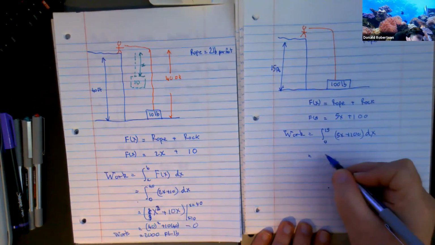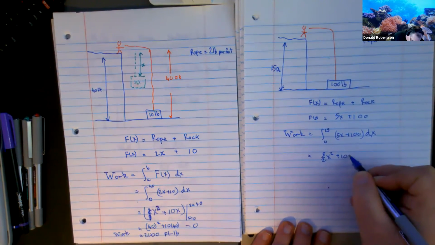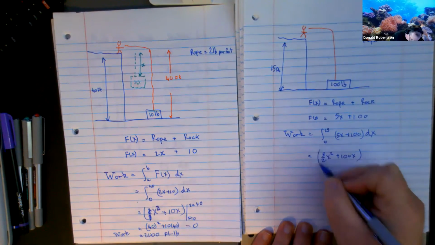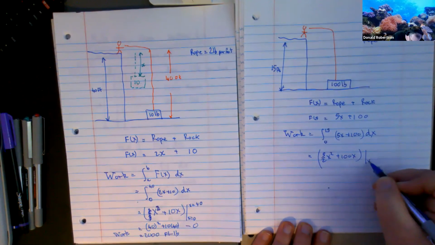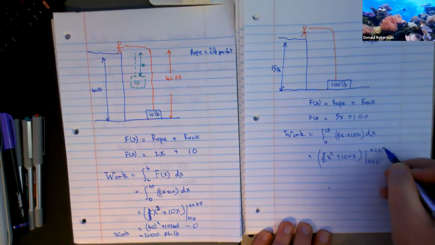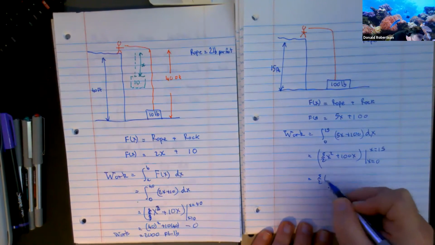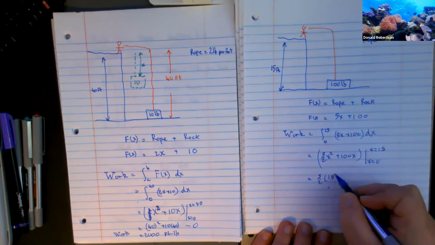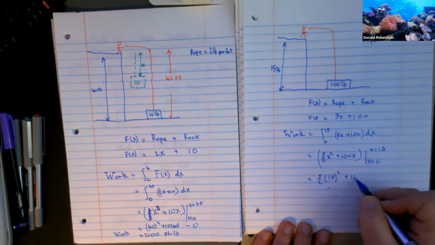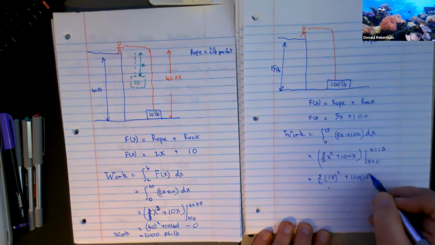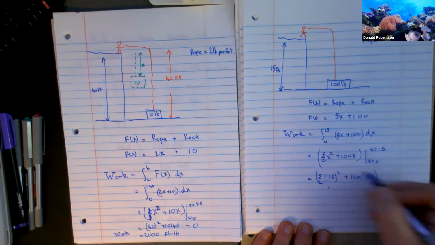So let's see what that looks like. 5 upon 2 x squared plus 100x, evaluated at 0 and at 15. That's 5 upon 2, 15 squared, plus 100 times 15. Take away a whole load of nothings.